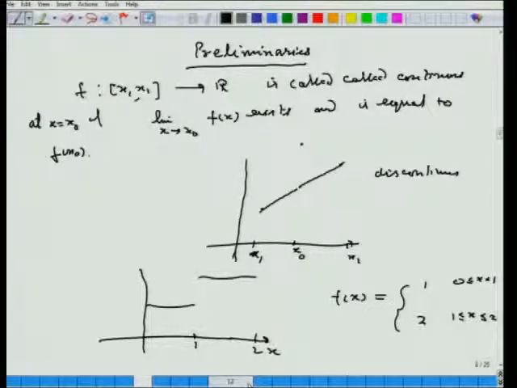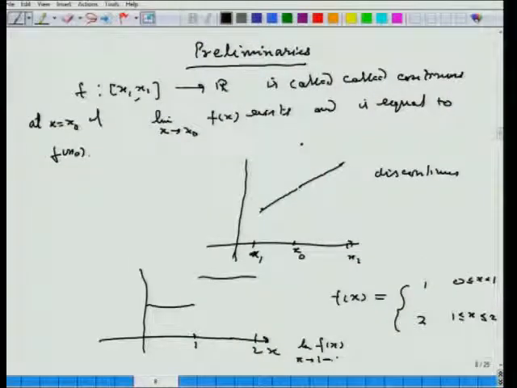So this function is discontinuous at this point. Here the left limit exists, the right limit exists, but they are not equal. So the left limit here is 1 at this point, that is, limit x tending to x0 minus.